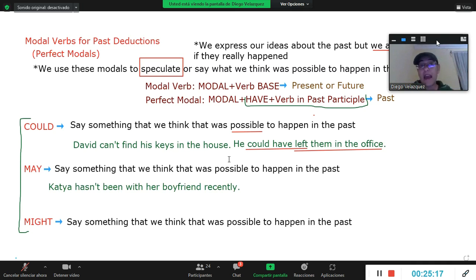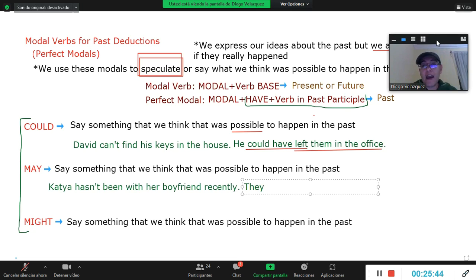In this sentence, Katia has not been with her boyfriend recently. This is true, okay? But what happened to Katia and the boyfriend? I don't really know, but I can speculate, maybe I can create some gossip of what I think was possible to happen to Katia and her boyfriend.